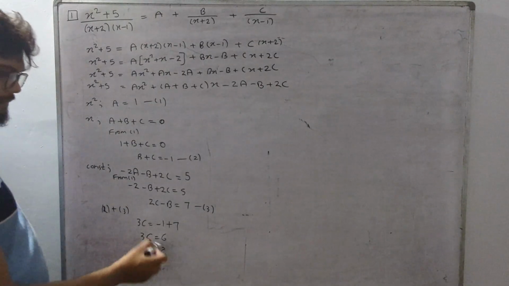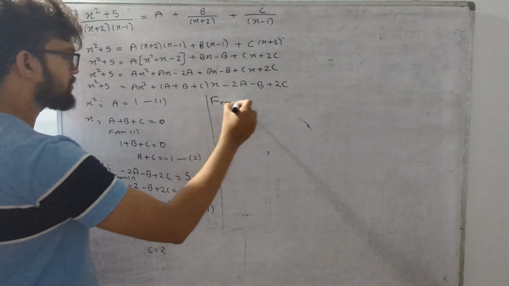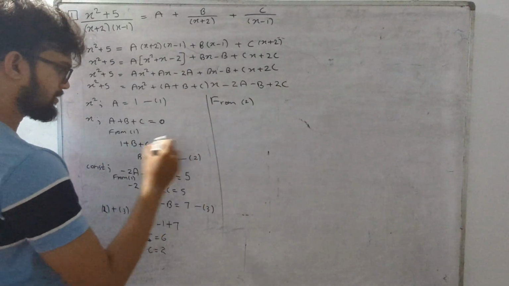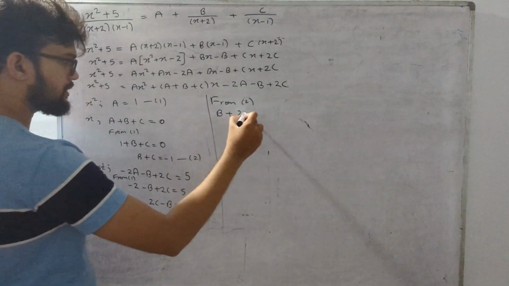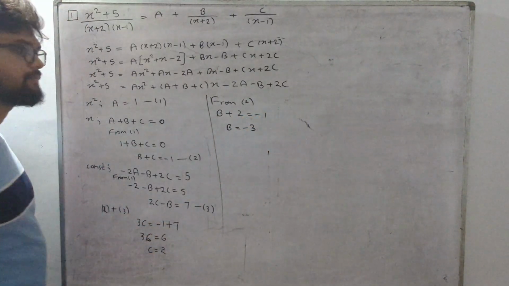Dividing both sides by 3, C equals 2. From the second equation, we can write B plus 2 equals minus 1, then B equals minus 3.